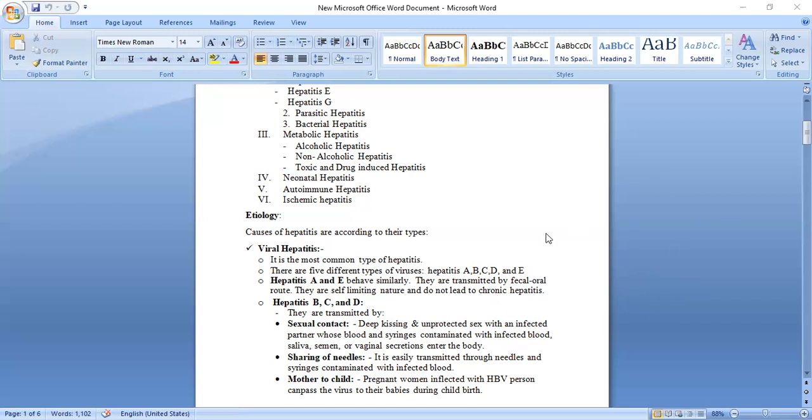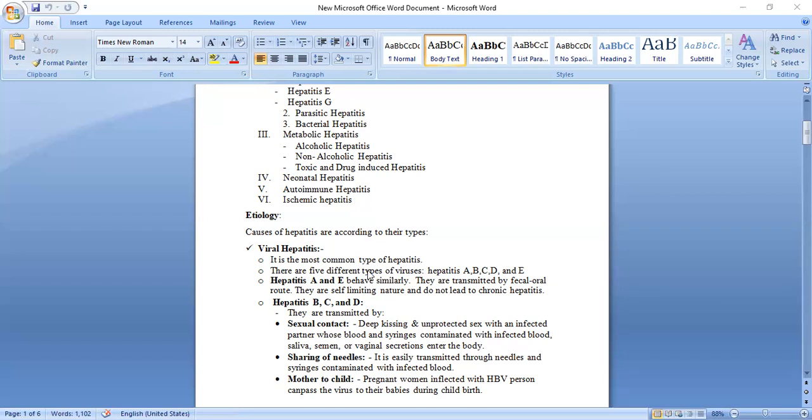So it is a circle, the fecal oral route. We eat that open food on which the flies sat, and again it spreads. So do not eat food kept open outside.